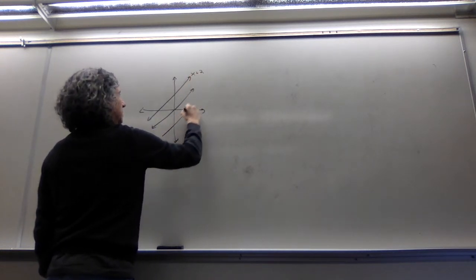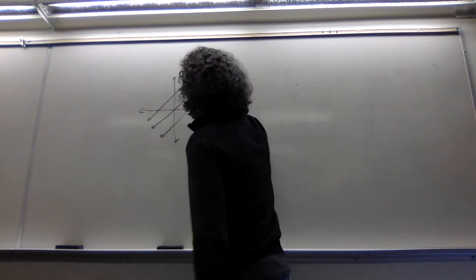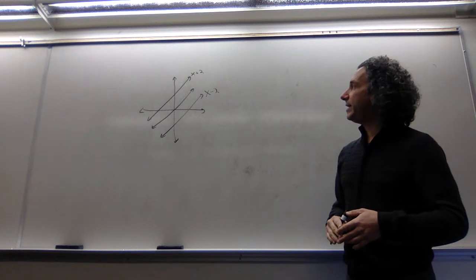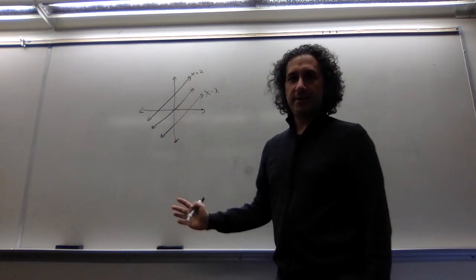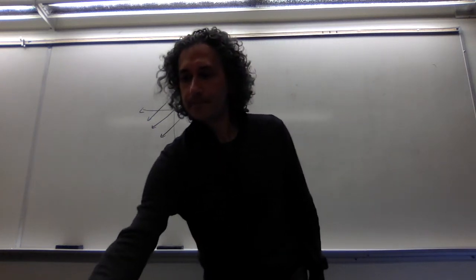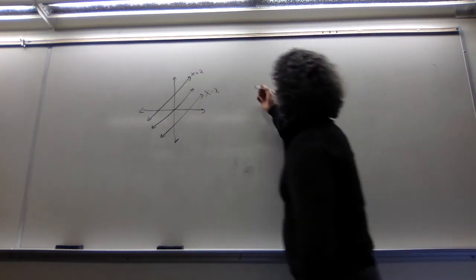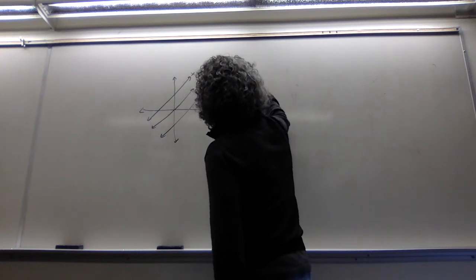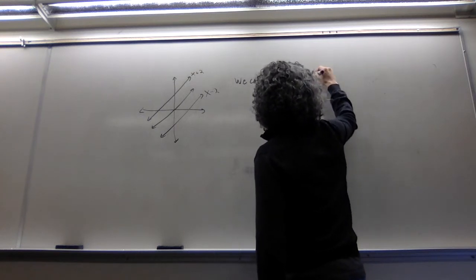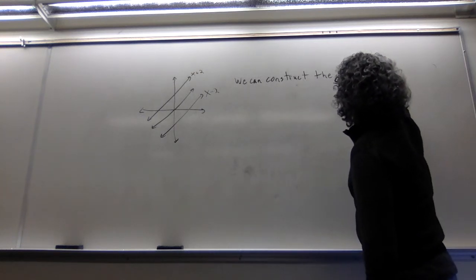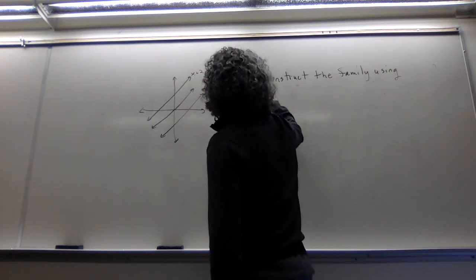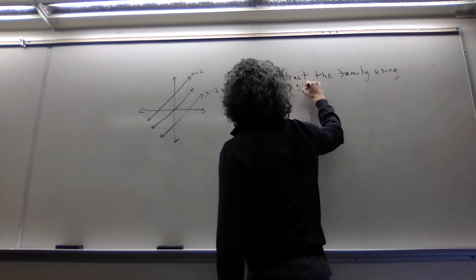This might be x minus 2. But the entire family can then be constructed by vertical shifts of any one of those particular functions. All right, so let's actually write that down. We can construct the family using vertical shifts.